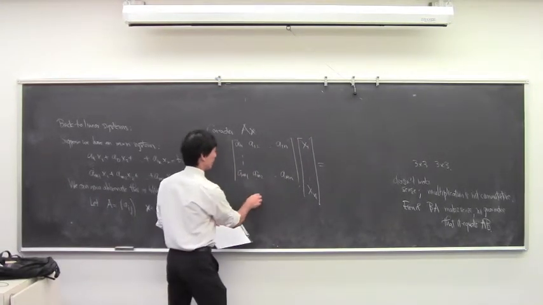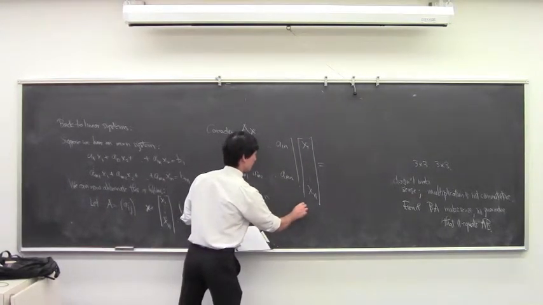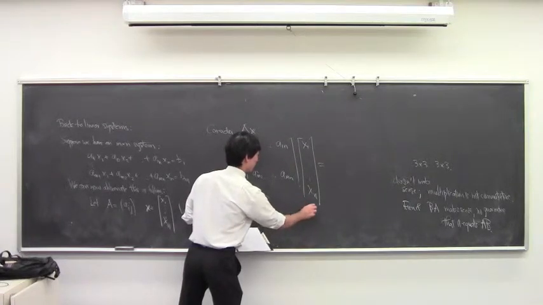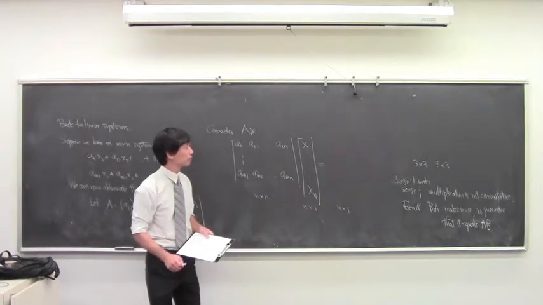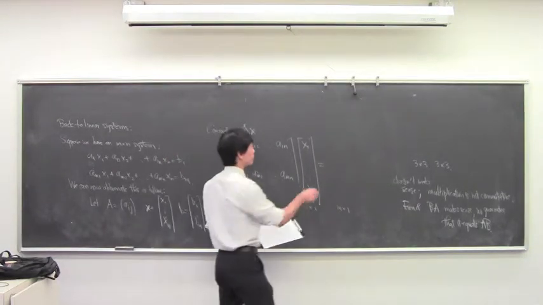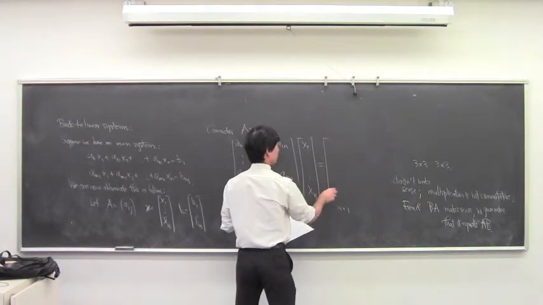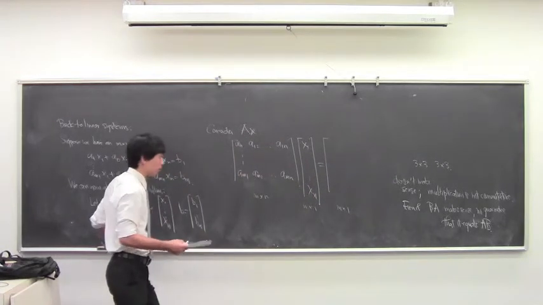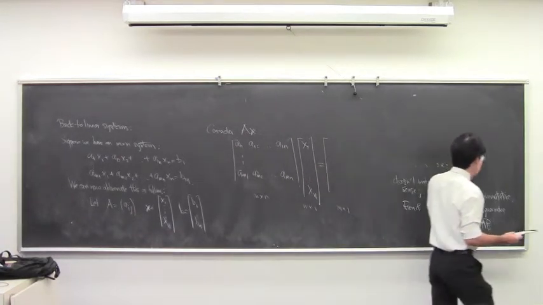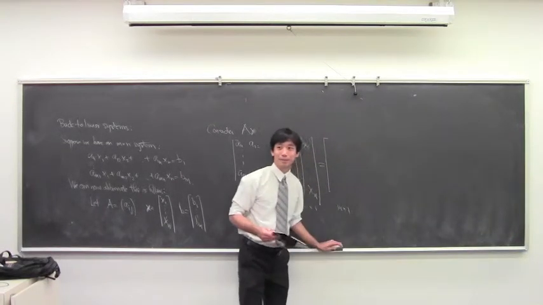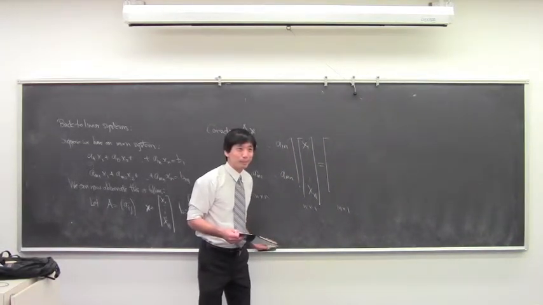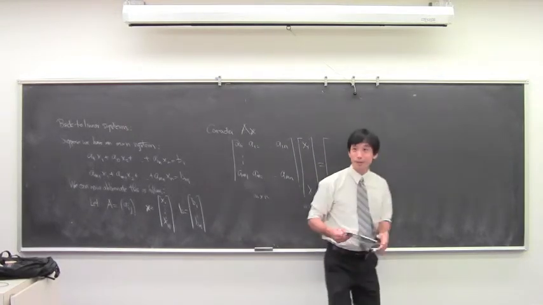So this is an m by n and this is an n by 1, and so we get an m by 1 matrix.